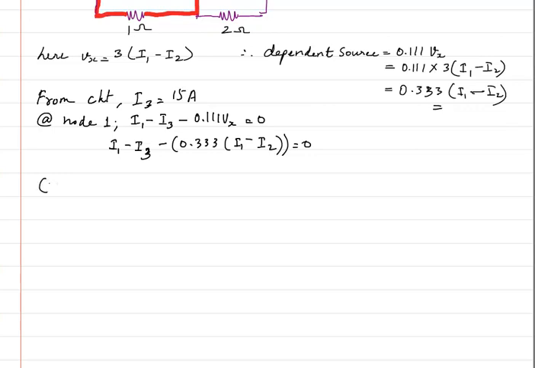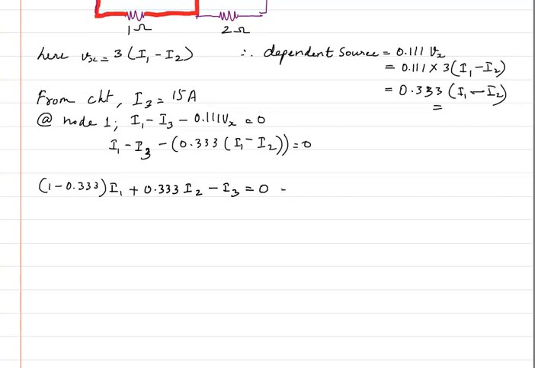I will get (1 minus 0.333) I1, and I2 is minus of minus, so plus 0.333 I2, and then the remaining is minus I3 is equal to 0.